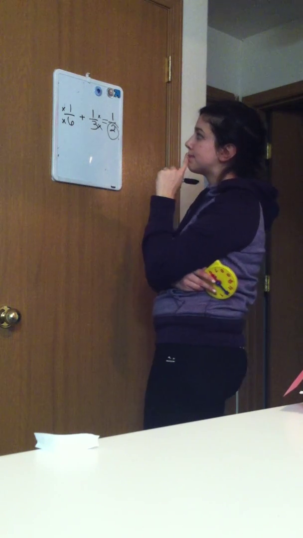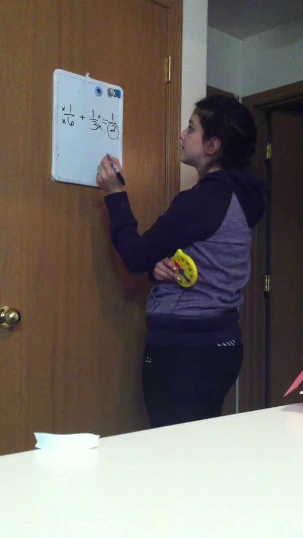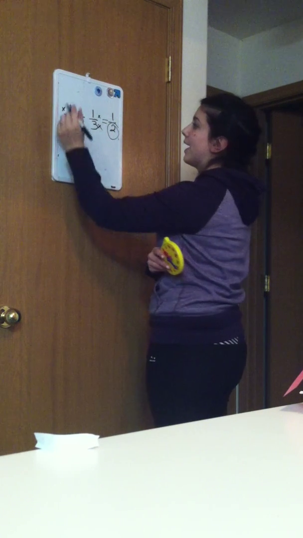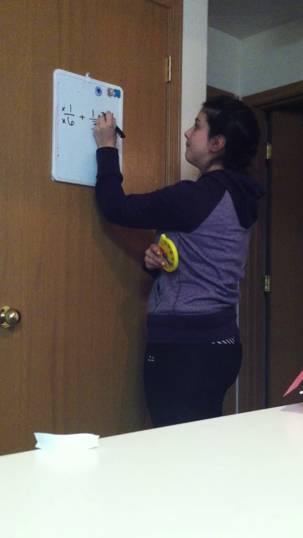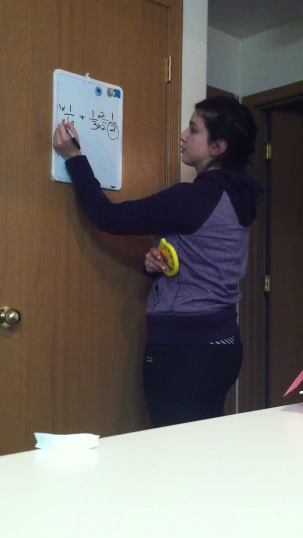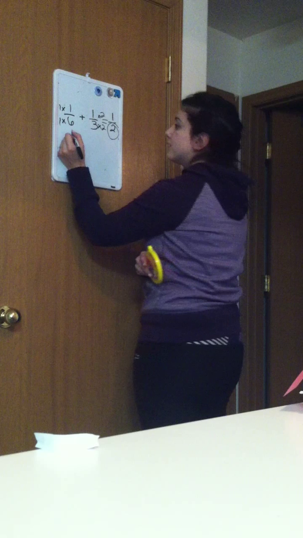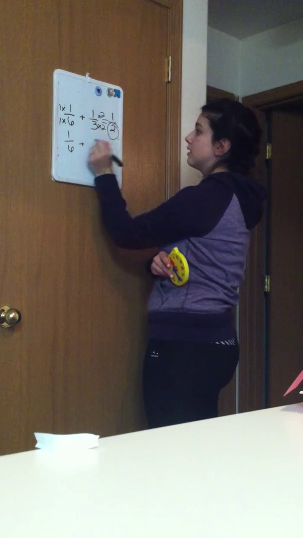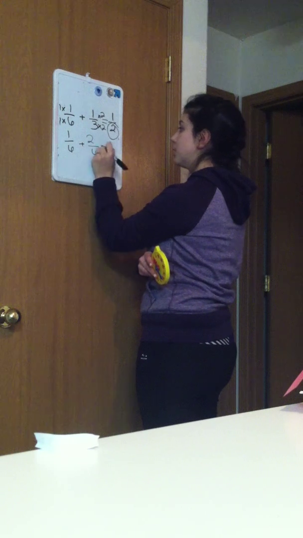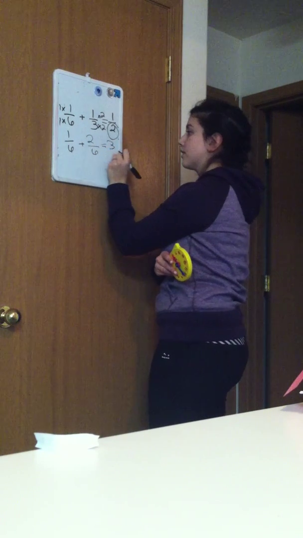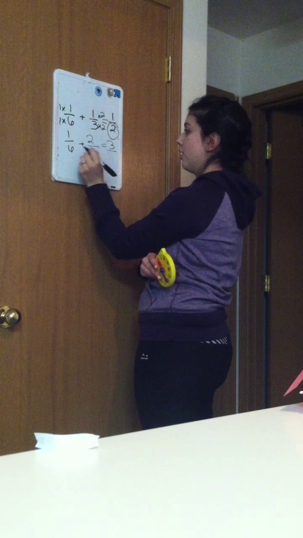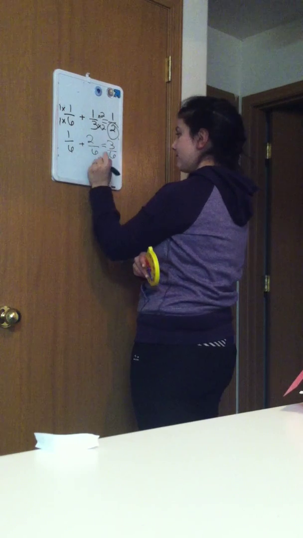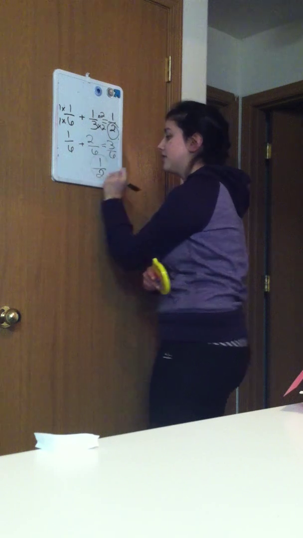Can't we just do 1/3 to make it have a 6 on the bottom? Yeah, so how would we do that? Times each by 2. And then we'd do this one by 1. So we'd have 1/6 plus 2/6, which equals 3/6, which is half. 1/2. See how we did that?